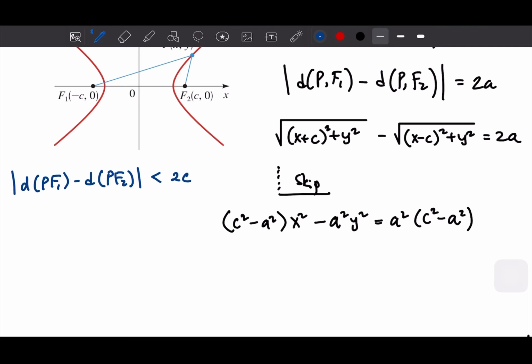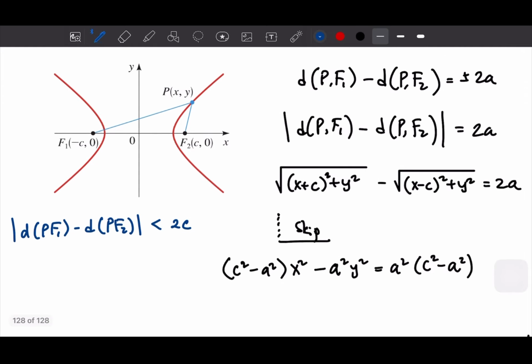So if we subtract this PF1 minus PF2, this difference is less than 2c, right? So we could say that 2a is less than 2c, so a is less than c, so c squared minus a squared is a positive number.